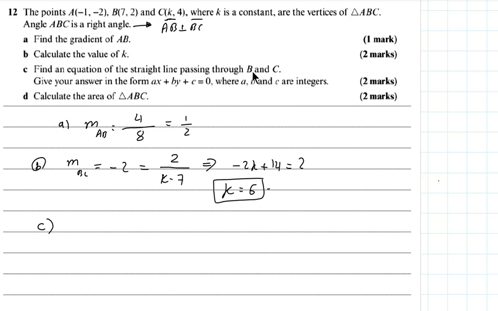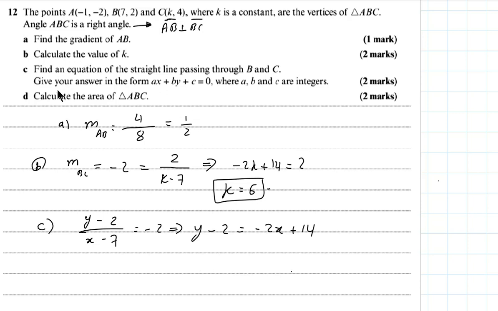Right? C, find an equation of the straight line passing through B and C. Okay, we have a given point B and we have the gradient, which is -2. So we can write the following: (y - y1)/(x - 7) = -2, where y1 is 2. Then y - 2 = -2x + 14, or we can write y + 2x = 14 + 2, which is 16.